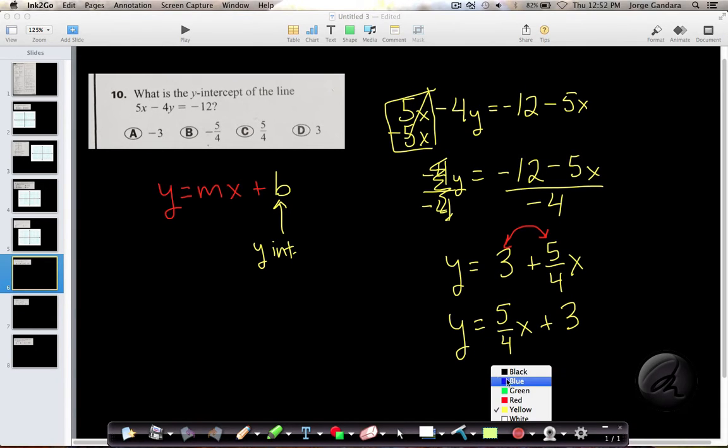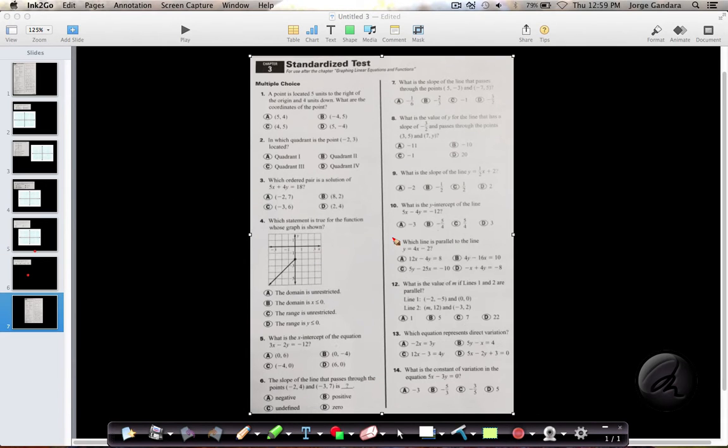So here's my slope, here's my m, and then here is my y-intercept. So it's not negative 4, and it's not 5/4 either because that's my slope. It is positive 3.